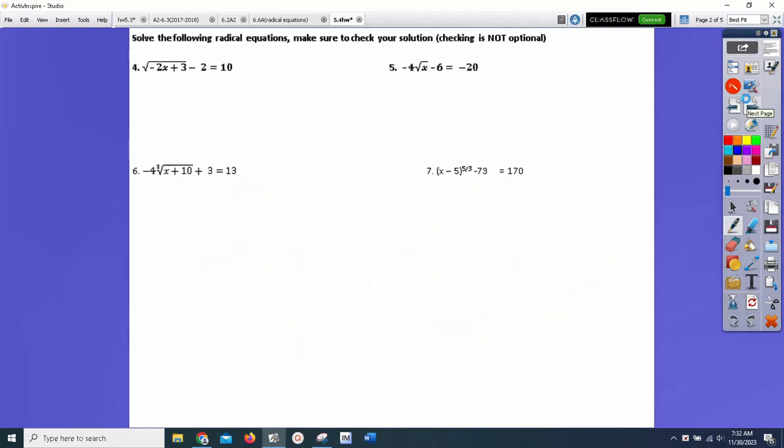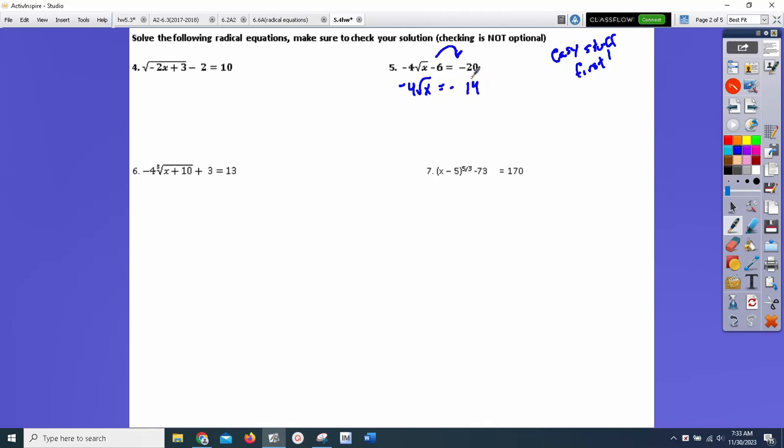All right, we have radical equations. Solve the following radical equations. Make sure to check your solution. Checking is not optional. All right, so let's see here. We always do the easy stuff first. Always. So we're going to add 6. Negative 4 roots of x is now negative 14.